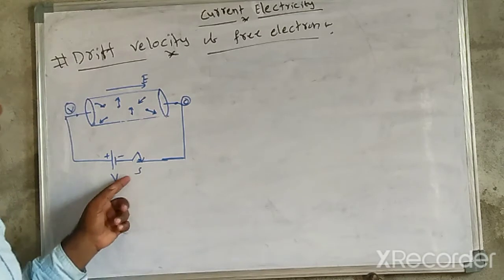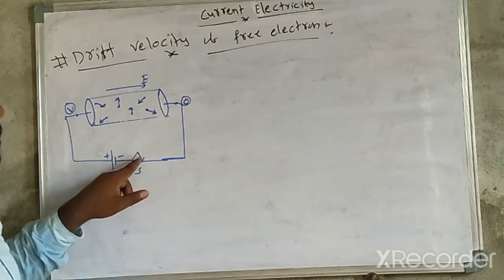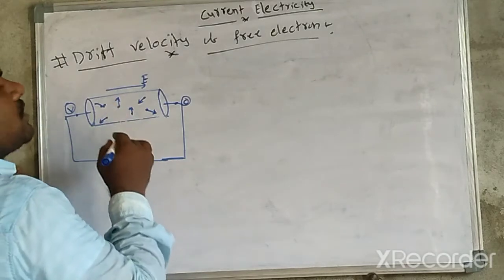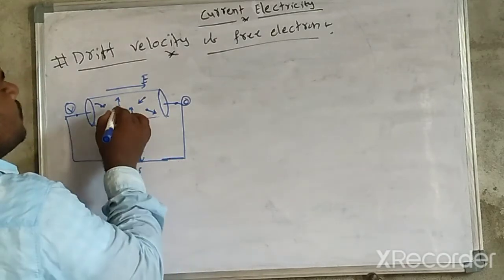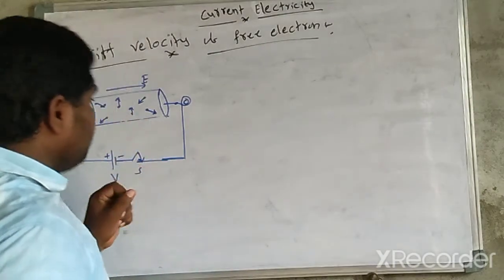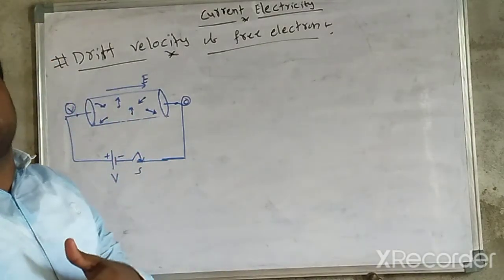So the potential difference across this conductor is V. Whenever we apply the battery potential and close the switch, all the free electrons experience some force, and that force is opposite to the electric field.